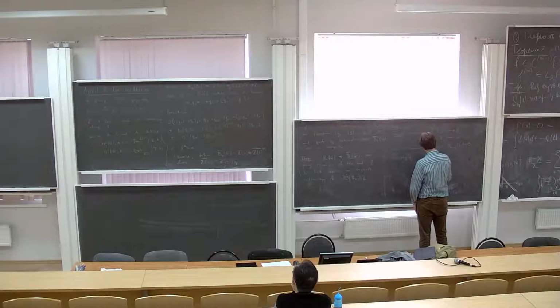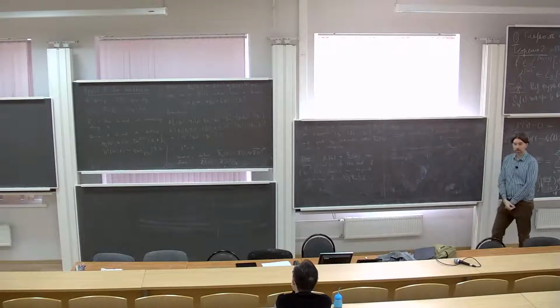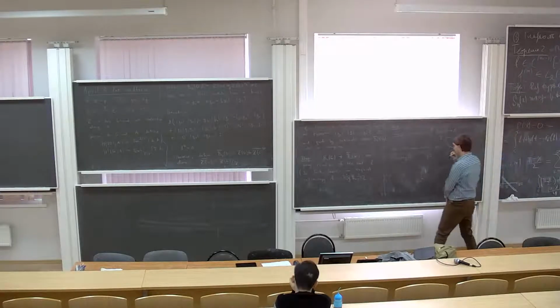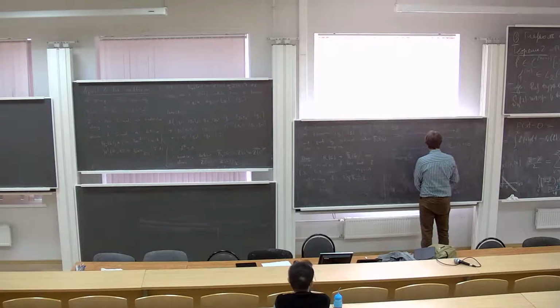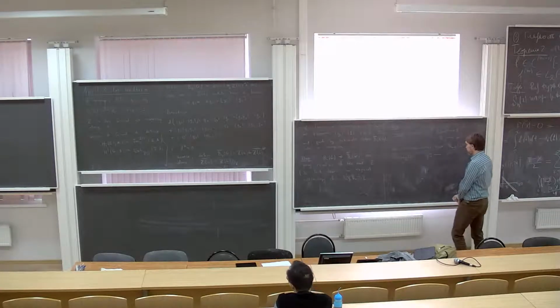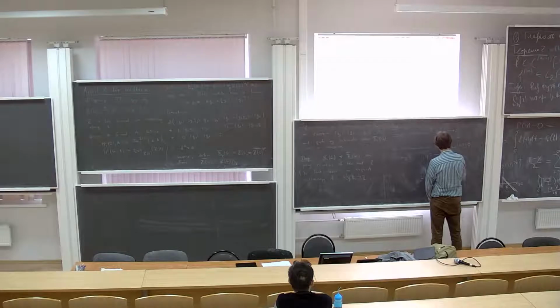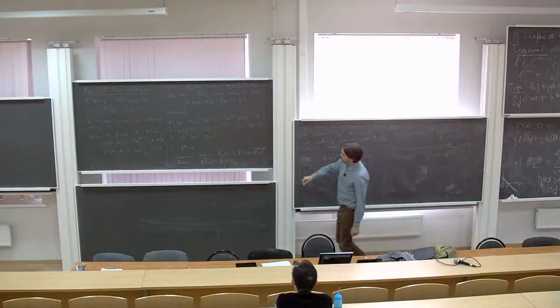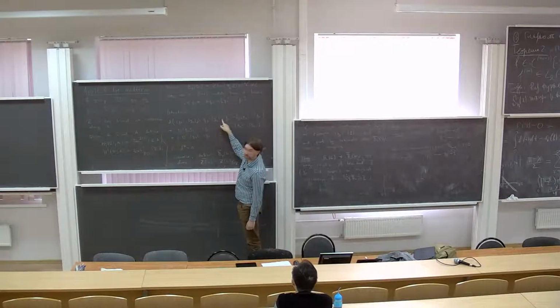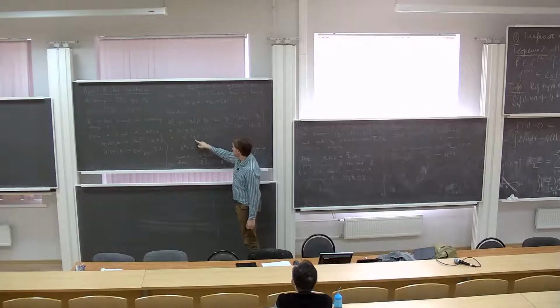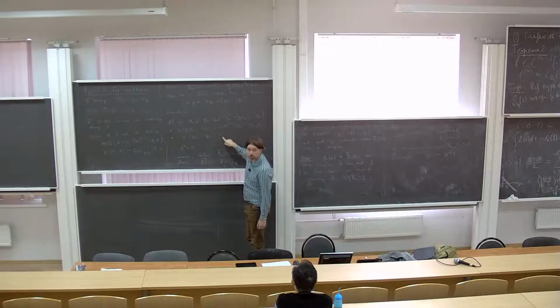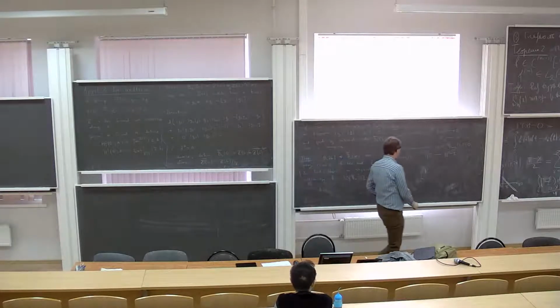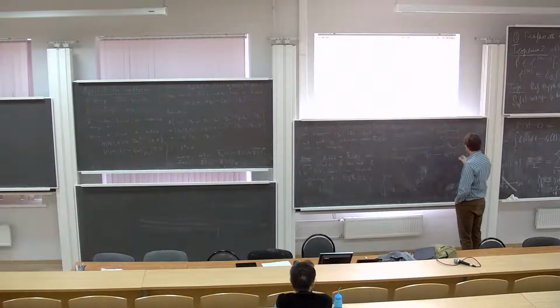In degree 1, my basis elements look like this, and my differential sends that to G1 minus 1. So the first term is like G1 blank minus blank times 1. Let's call this alpha.